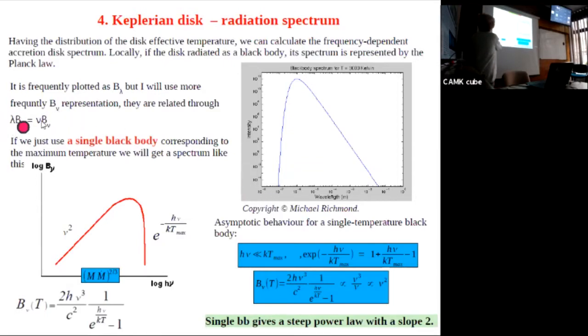But you can always change one version to the other using this expression, that lambda times the Planck function as a function of lambda is equal to nu times the Planck function as a function of nu. I'm usually using this other version. So they look like inversions of each other, right? Almost, but the slope is different.